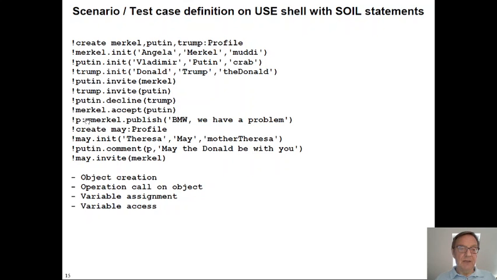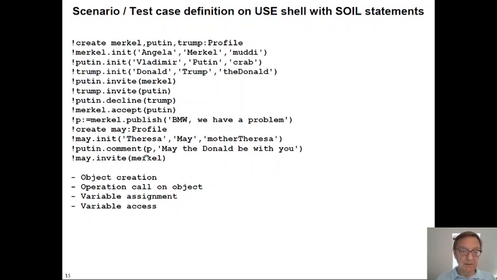Yes, we see here a variable which is assigned something as a result of a call to an operation, and we can access the variable. This variable p that is assigned here on the USE shell is used later with this statement here.